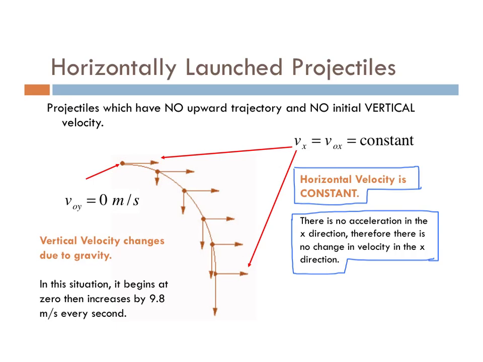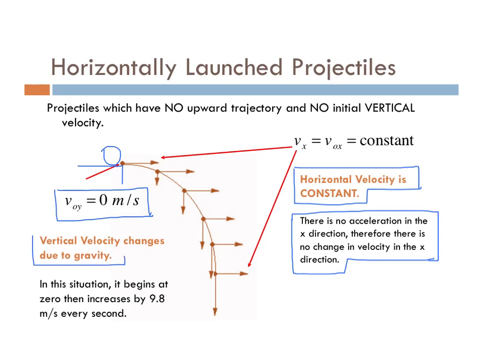The other thing to remember is that velocity in the y direction at the beginning is equal to 0. So again, if you remember the table and our ball, we can see as it's rolling on the table that the ball is not moving up or down, so its velocity in the y direction is 0 to begin with. As soon as it leaves that table, though, it's going to start to accelerate.